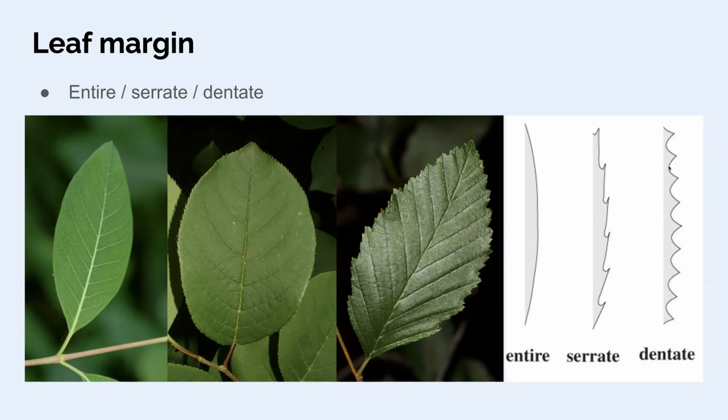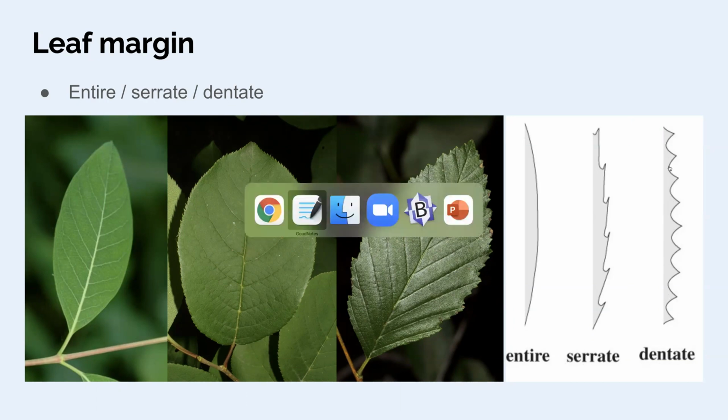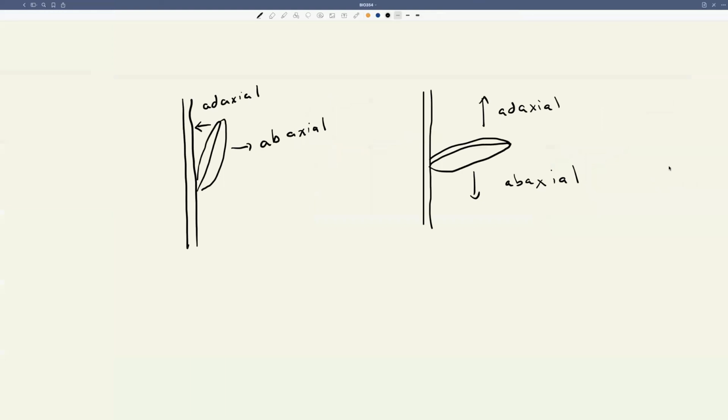There also are terms called serrulate or denticulate. Just draw one of them in here. Serrulate is a diminutive term, and that would be one that's got fine teeth versus serrate would have maybe bigger teeth.